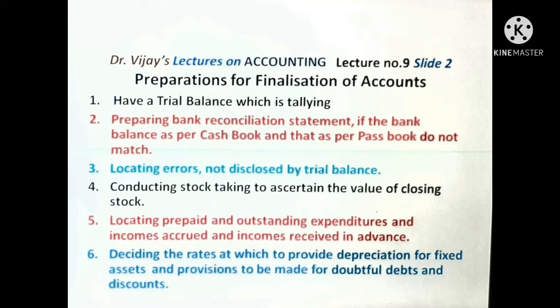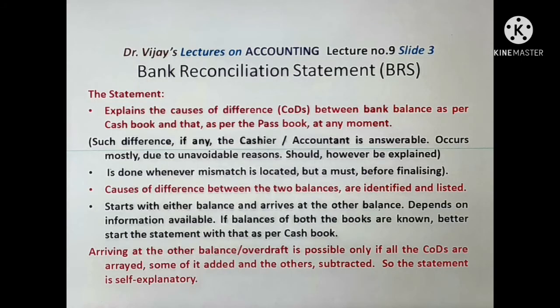Next is deciding the rates at which to provide depreciation for fixed assets and provisions to be made for doubtful debts and discounts, etc. This list is not final. This lecture deals in detail with bank reconciliation statement, BRS.